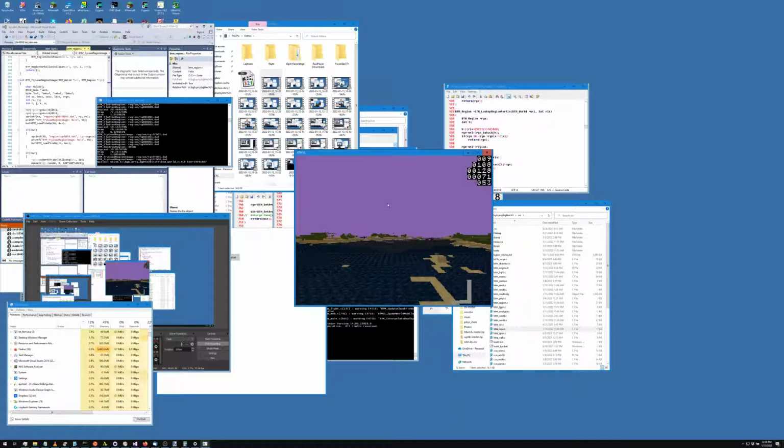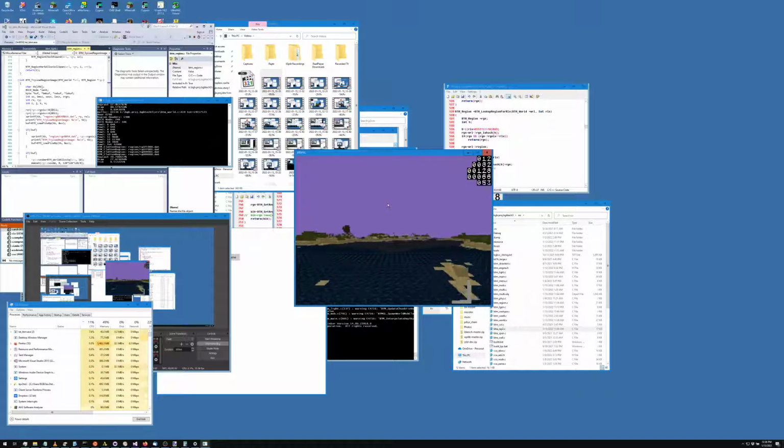At the moment, the 3D engine has just crossed over to 45 megs. So 45 megs for Windows reported memory usage.